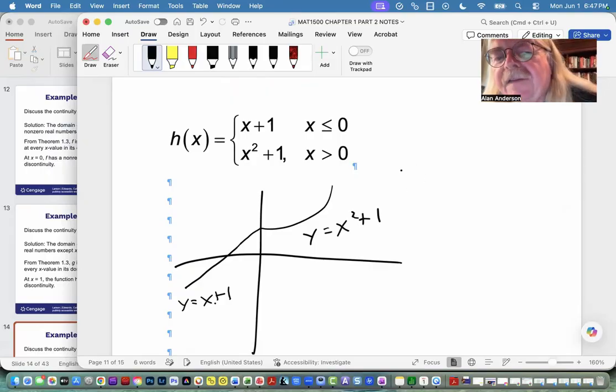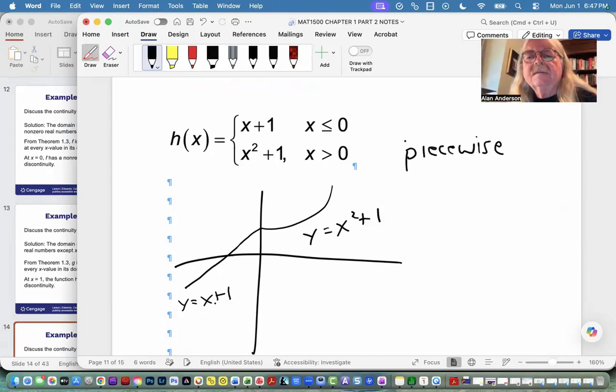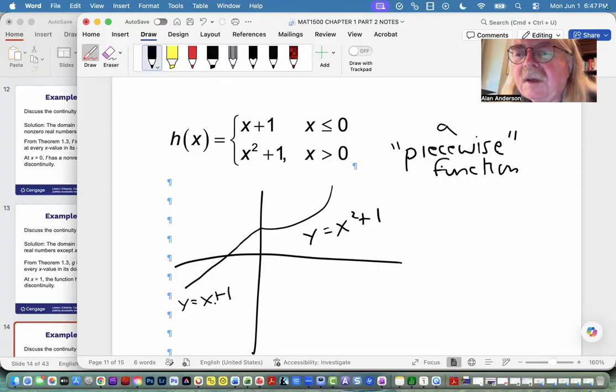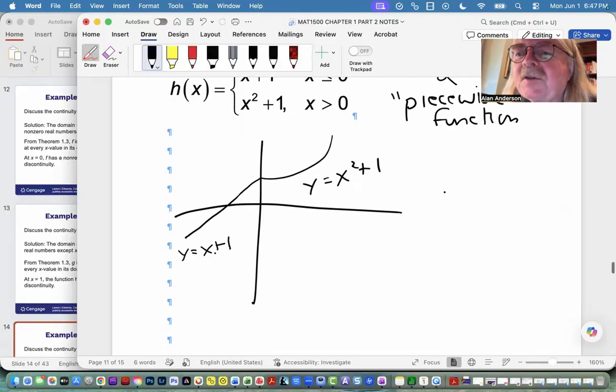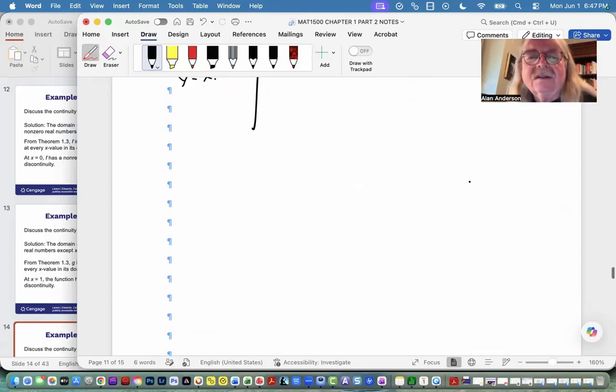So when we have a function defined in two separate segments like this, it's called piecewise. Now, you might say, well, what a bizarre idea. I've never seen that before. Well, actually, you have. The absolute value function is also piecewise.